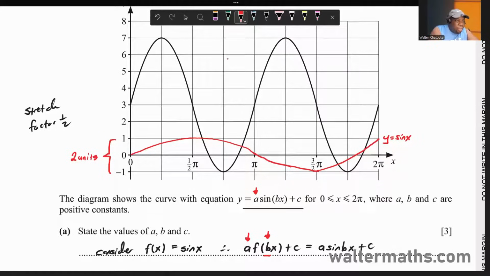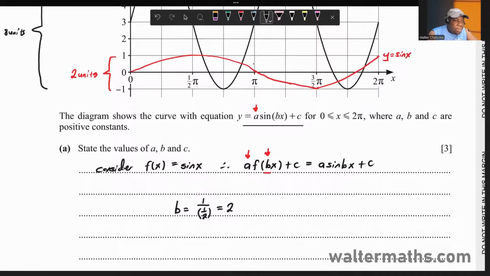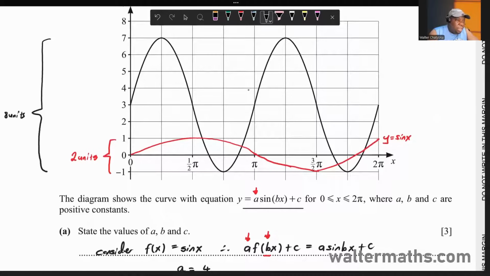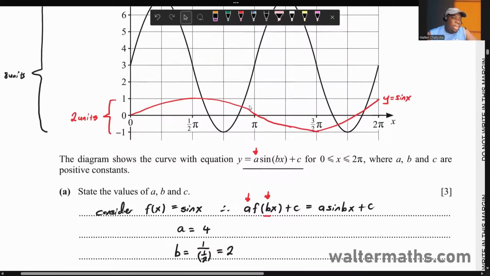But if you look at the range of the transformed function, you can see that it has actually been stretched, and it's now a range of 7 plus 1, or 8 units. So from 2 to 8 units, that's a stretch of factor 4. So since a represents a stretch parallel to the y-axis, it actually means that a, therefore, is 4. Because from 2 to 8 units, that's a stretch by a factor of 4. 4 times 2 is 8.